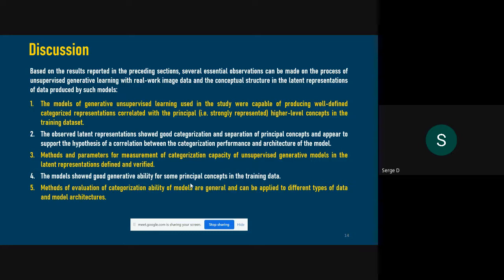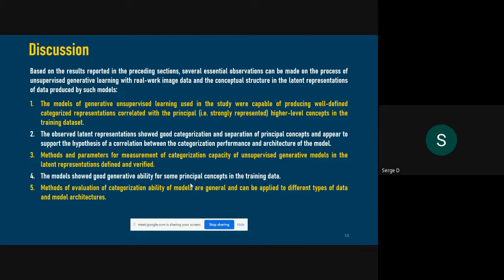This is important because many results previously were reporting structured representations for simple data or artificially produced data, such as geometrical shapes, for example. But this is real data, not changed in any way, and the fact that the models are still successful in producing some structure, which is correlated with higher level concepts, is interesting.